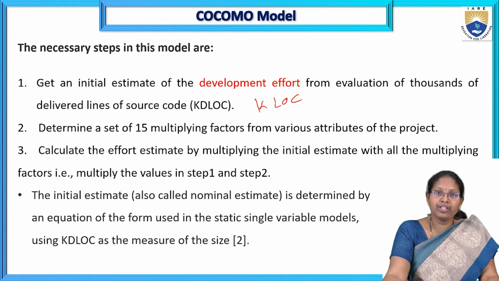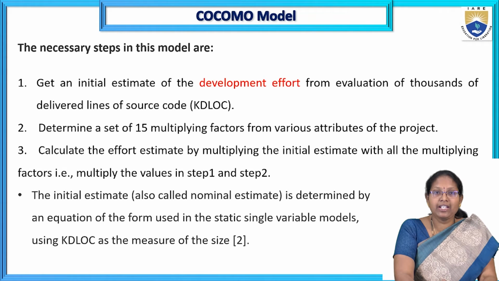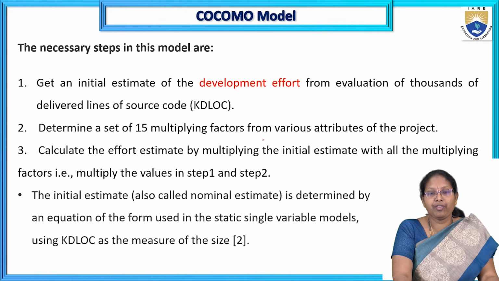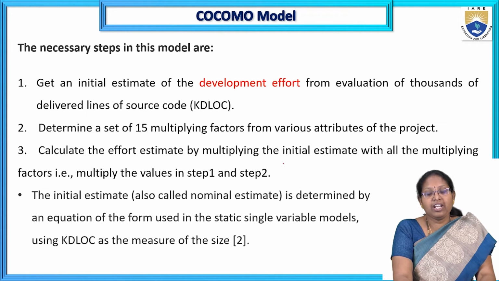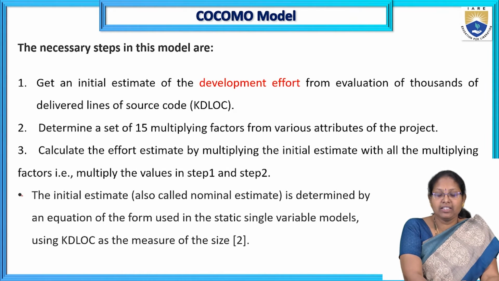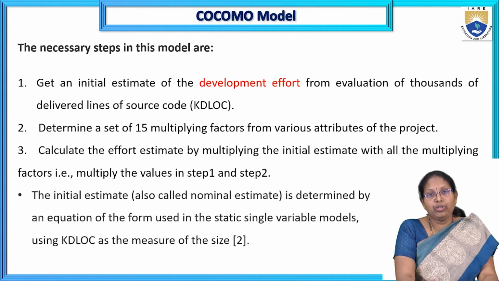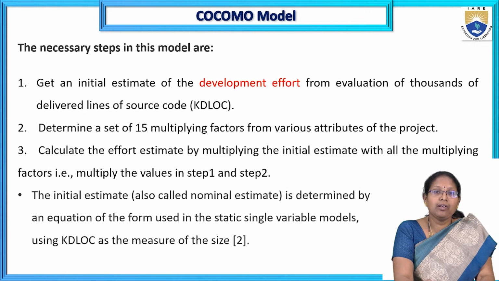Next is to determine a set of 15 multiplying factors from various attributes of the project. Take these attributes and calculate the effort estimation by multiplying the initial estimate with those factors, applied from step 1 to step 2. These are the necessary steps required to complete the COCOMO model to compute effort.